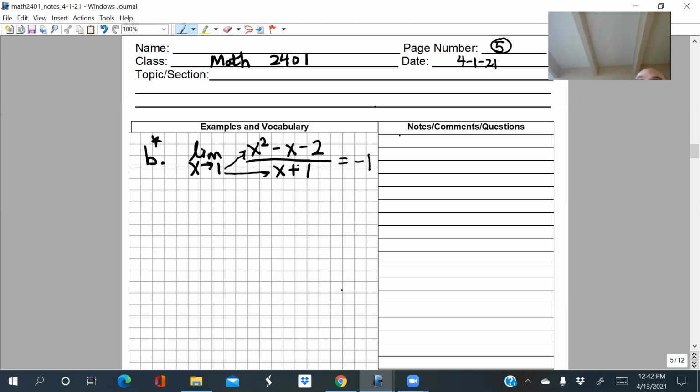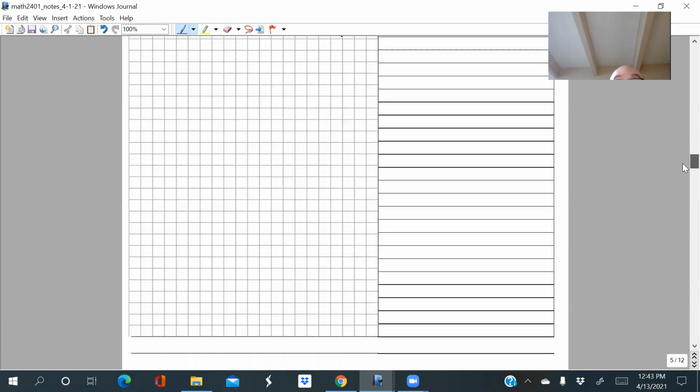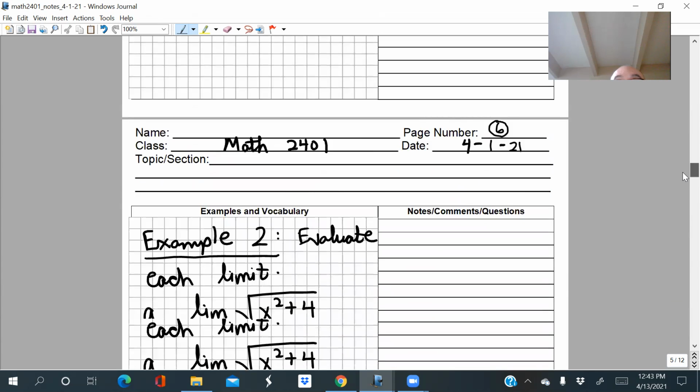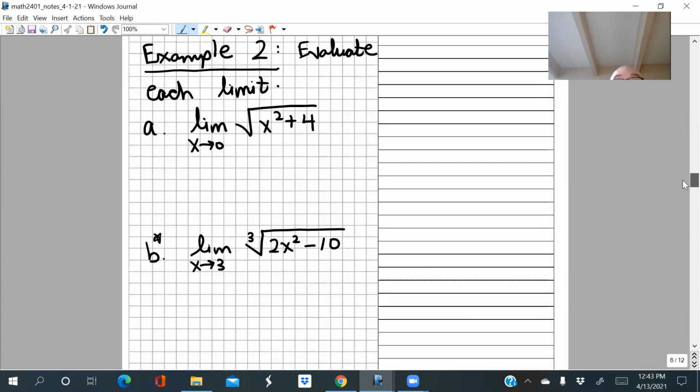So no fancy graphing or anything to calculate this limit, and none of this business of plugging in values for x that are close to 1 and trying to estimate what the limit is going to be. Here we can just do it really quickly by substitution. That's one of the benefits of having a continuous function.